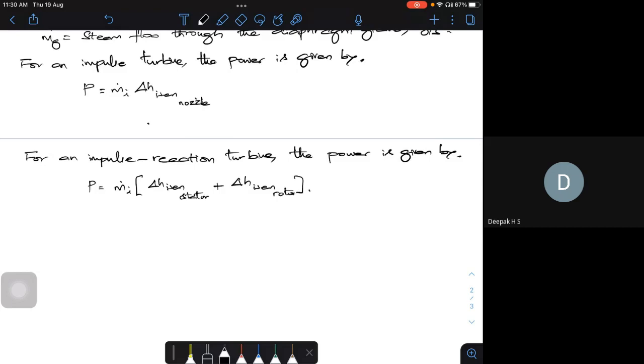The unit will be kilowatts or watts. This will be the power that's required.